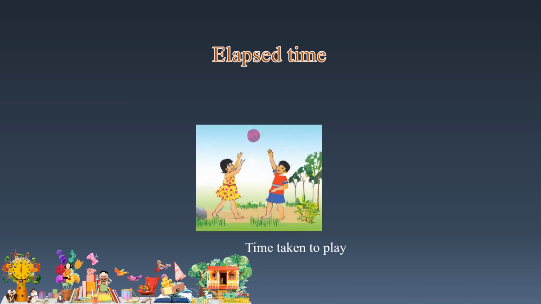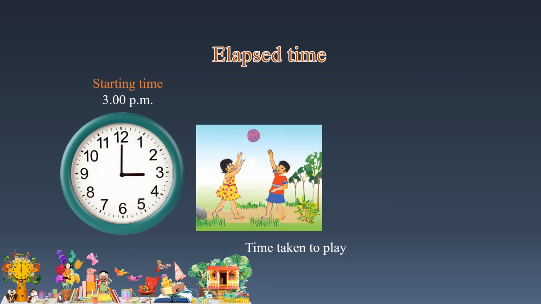Elapsed time. So have you gone through this word before? Elapsed time in sense the time which is taken to do a certain activity. So have a look at this figure. Two children are playing. So we are going to find the time taken for them to play.